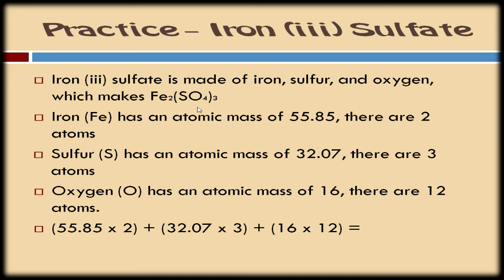And then you take oxygen, which has an atomic mass of 16, and you multiply whatever's outside on the inside, 3 times 4, and you get 12. So you do 16 times 12. Now, once you put that in the calculator, you get 399.91 grams per mole.